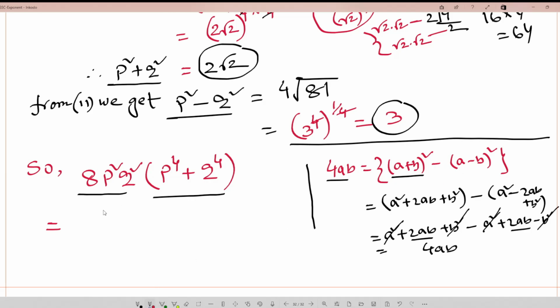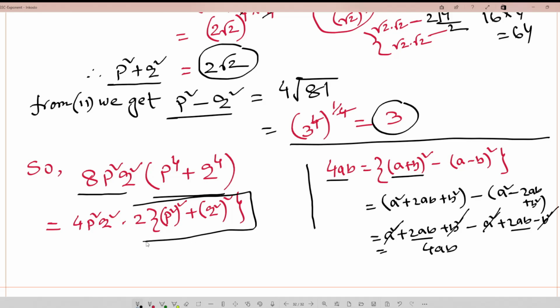So we can also simplify it like this: 4p²q² times 2, and this p⁴ + q⁴ we can write like this, (p²)² + (q²)². Now look, this one is looking like another theory, which is 2 times (a² + b²).